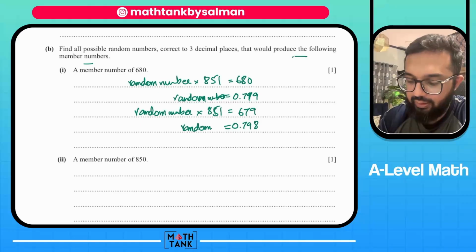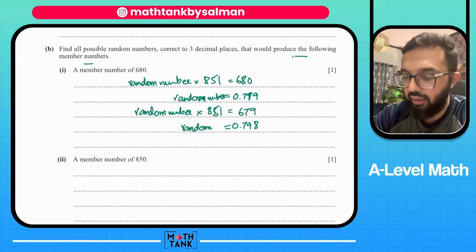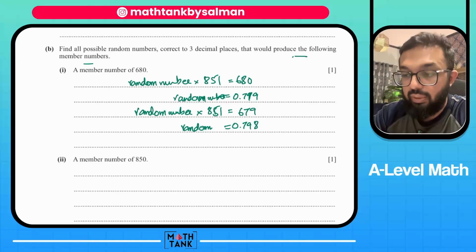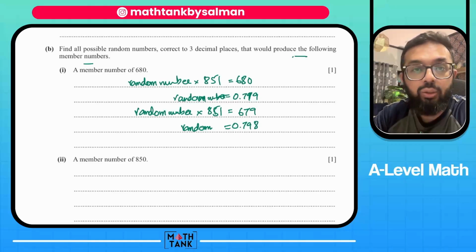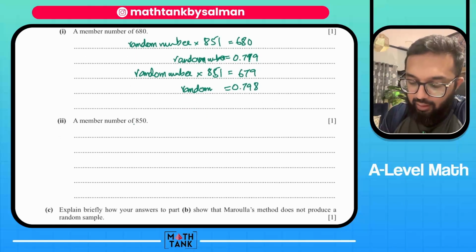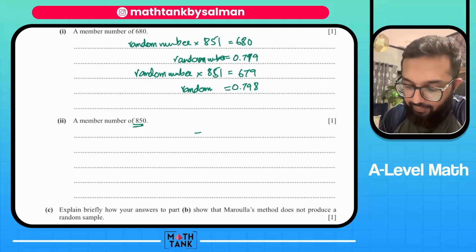So I should also check 0.798 times 851. That is giving me 679.1, which rounds off to 680. That is the number that I'm looking at. If I wanted the member number 850, that's the very last number that I can get, so I have to be careful.